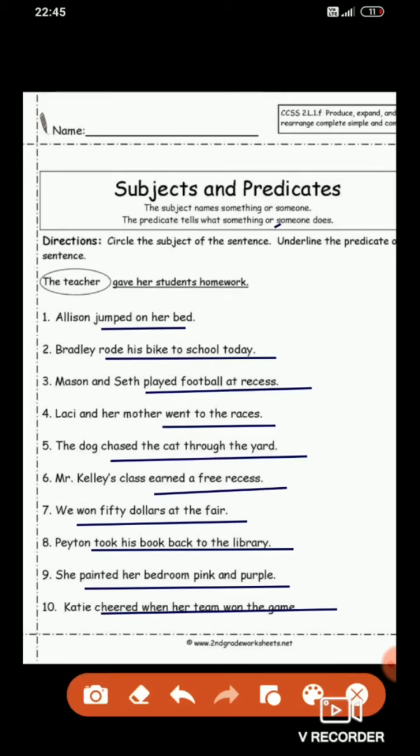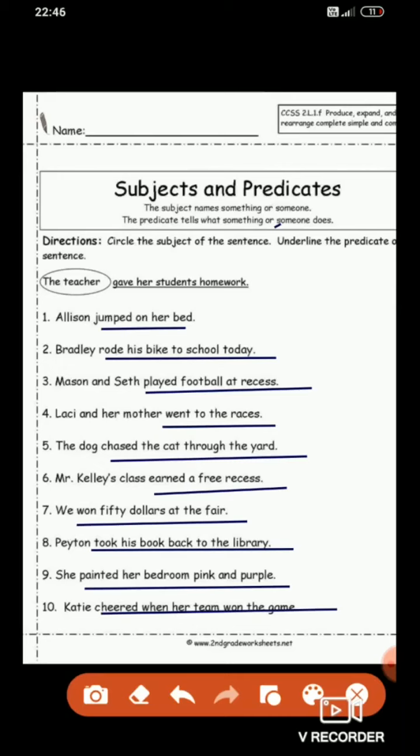I hope so, dear students, you have understood the subject and predicate very well. Now, dear students, one thing you need to keep in mind, as I have explained in the previous year, is that it is not necessary that the subject comes first.